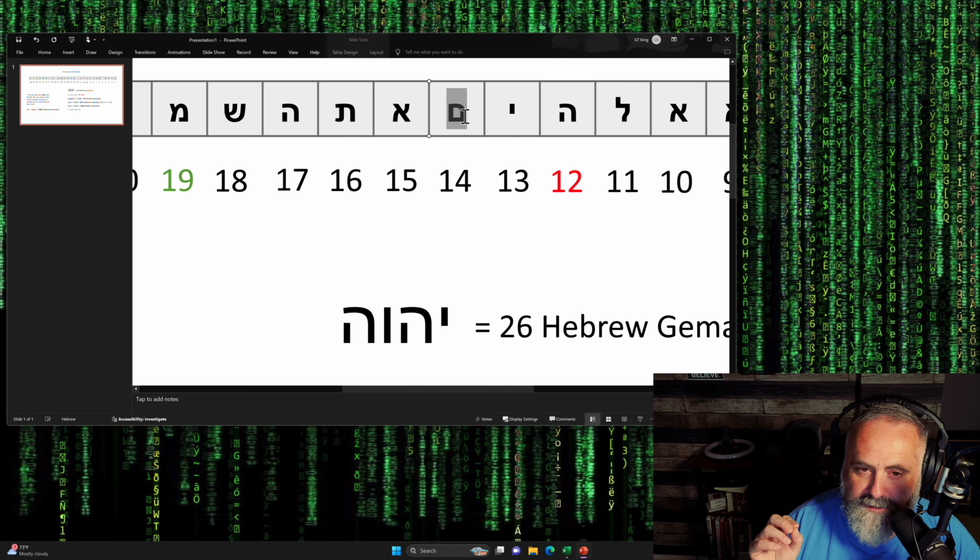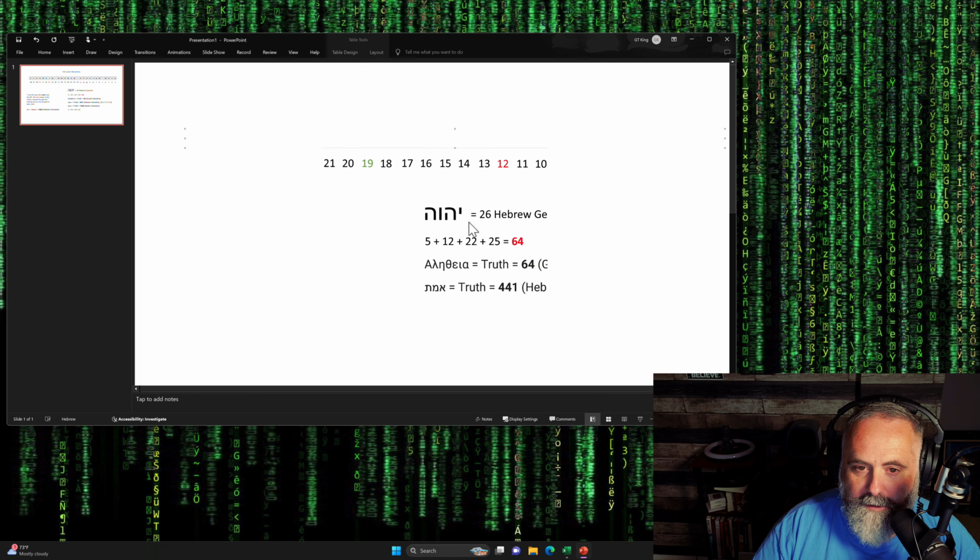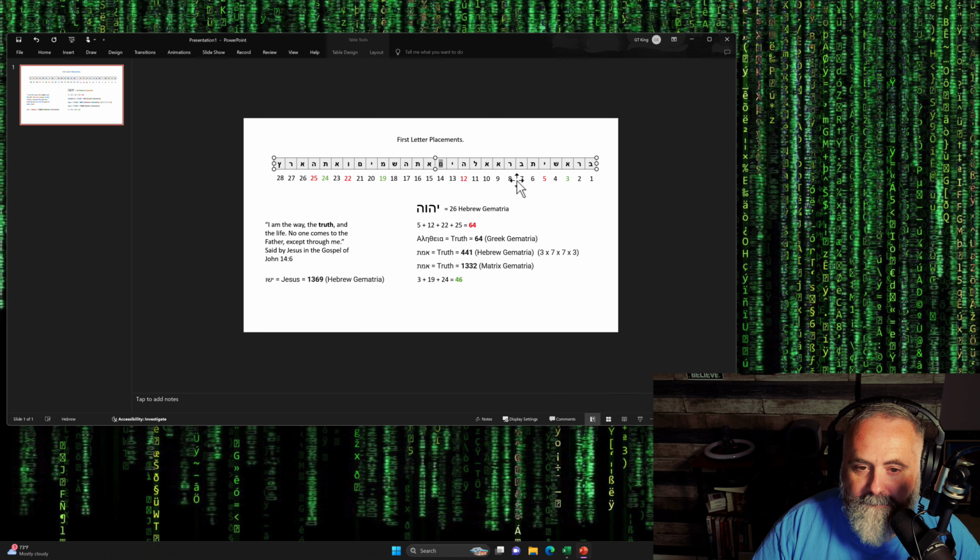Now, this is where you have to really think about what the code is doing or how it's actually encoded. So if I start with the first Aleph in position 3, I'm not going to jump to this Mem because this Mem falls at the end of a word. It's falling at the end of the word Elohim. We're looking for the open Mem, which would be right here. It's position 19.